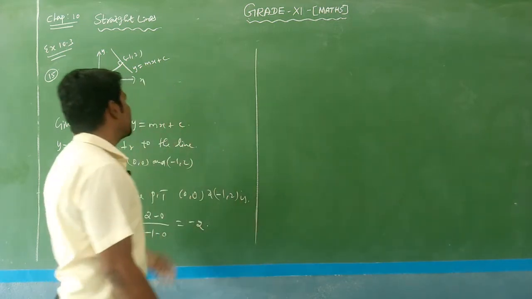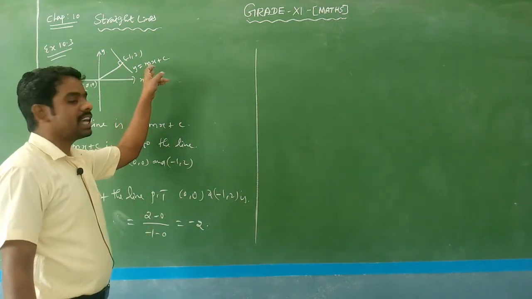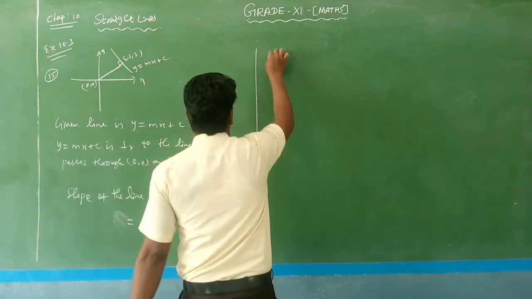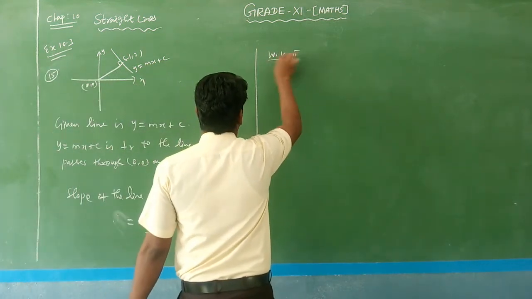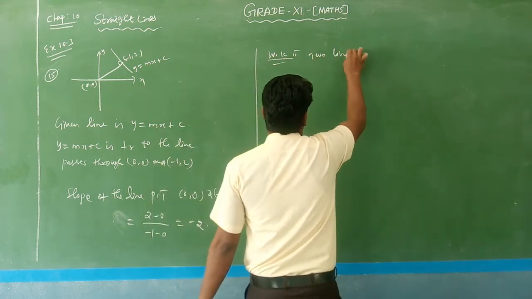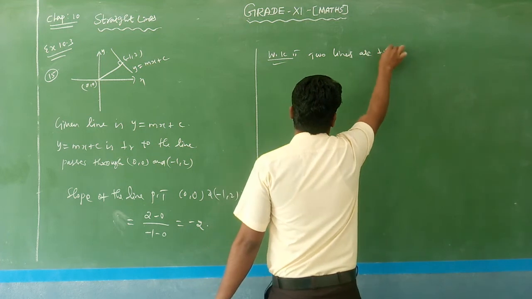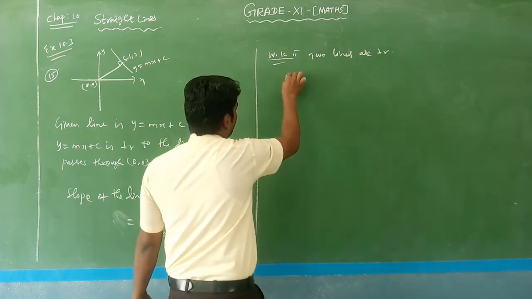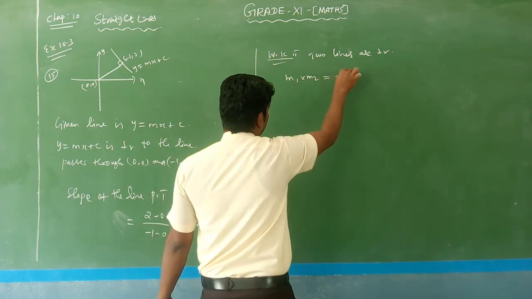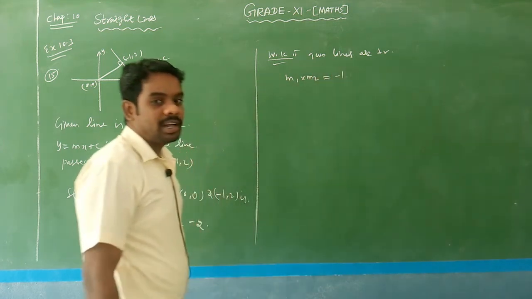Our required answer is the slope of the line y equal to mx plus c, that is m. We know that when two lines are perpendicular to each other, the product of the slopes m1 into m2 is equal to minus 1.